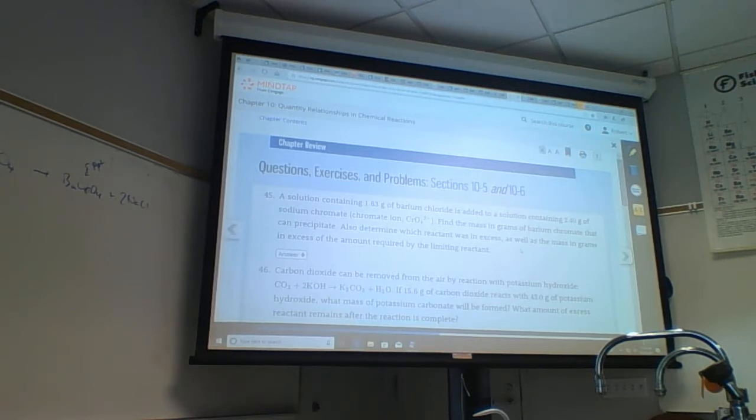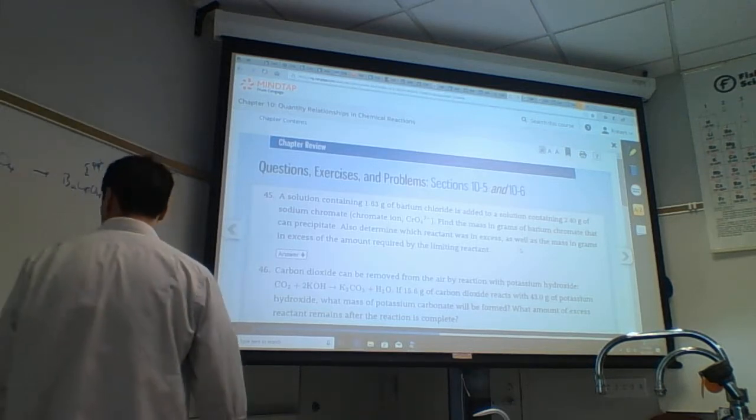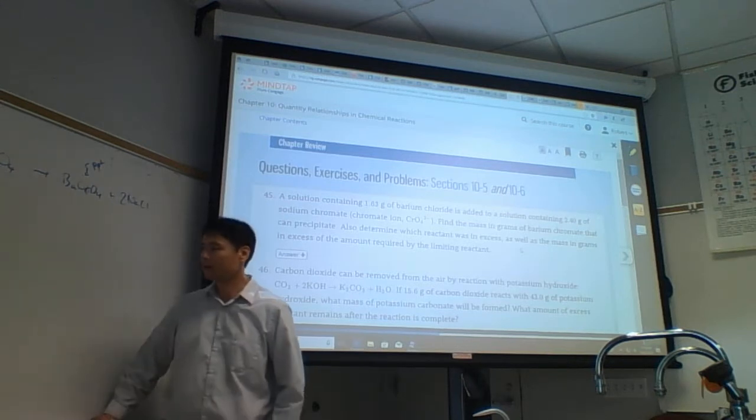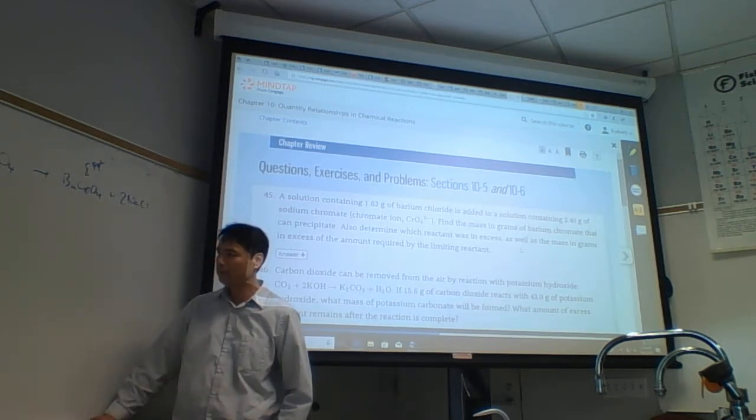The way we're going to figure this out is by what we call the yield. There are two methods that are used in the book: comparison of moles and maximum yield. And so we're going to do the yield amount.